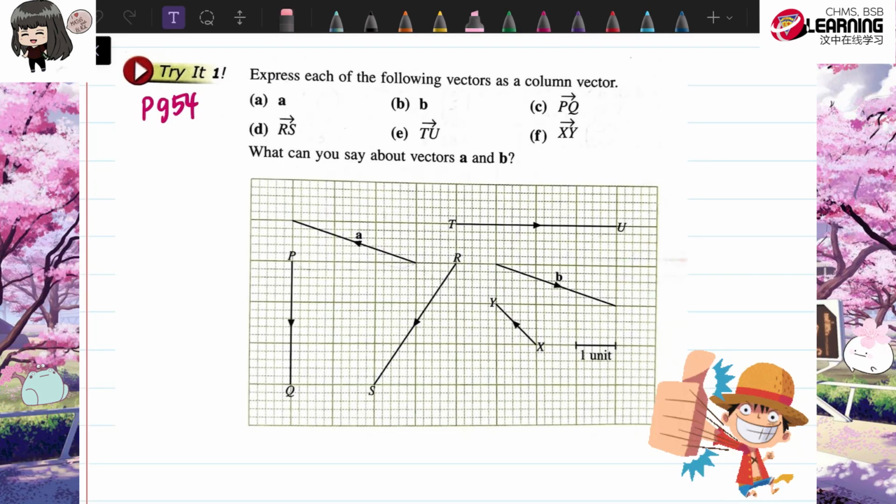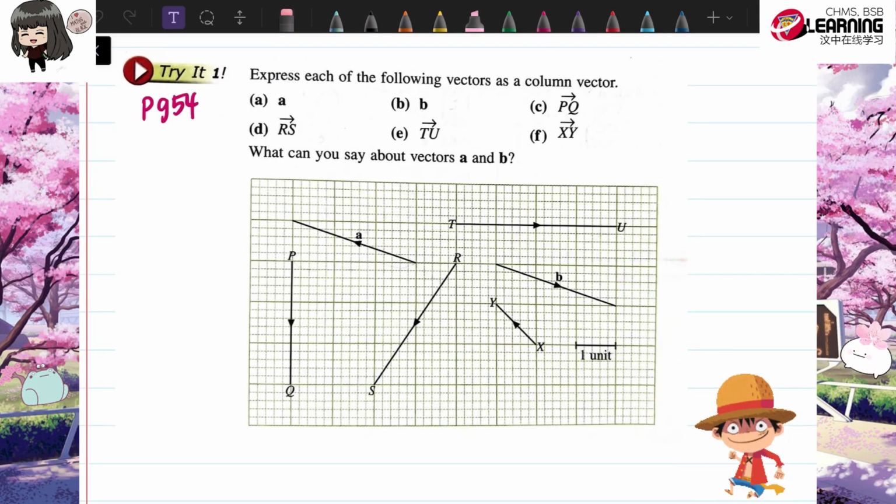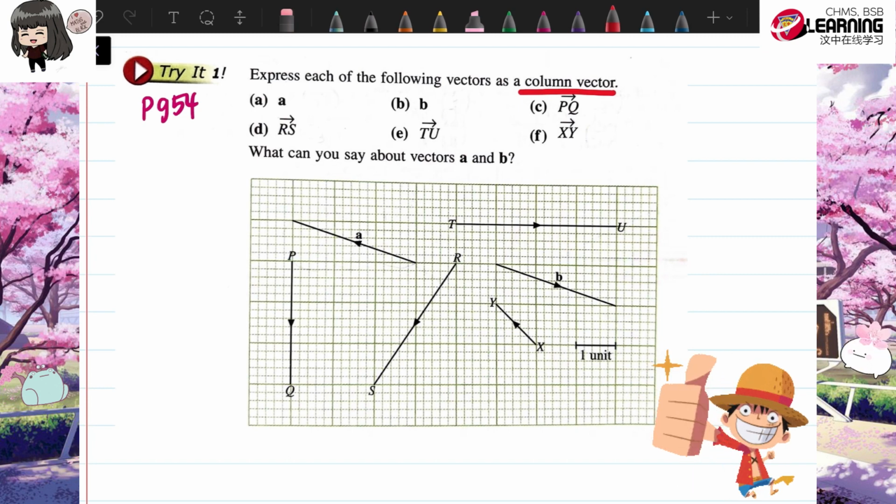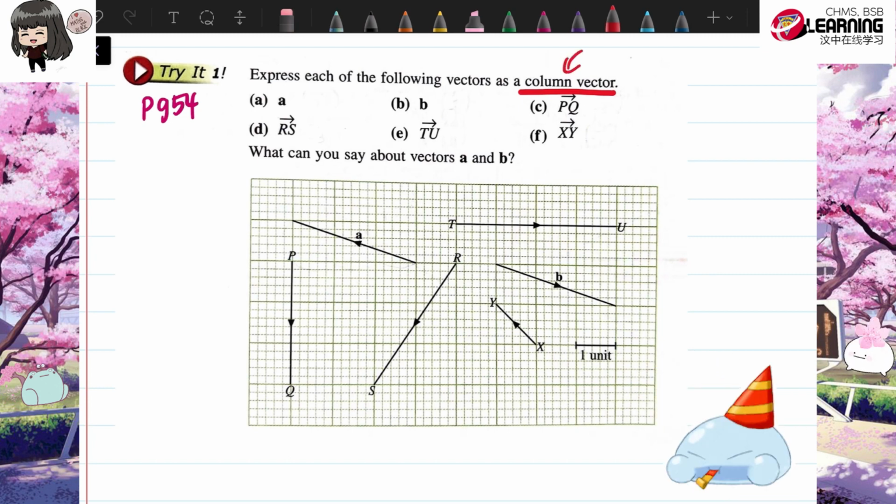Now let's look at column vector. So a vector can be represented by a column vector. It can be written in a column vector form. Why column vector? Because column vector actually tells us the direction. If you remember what a column vector is, you have seen this in translation, under transformation.